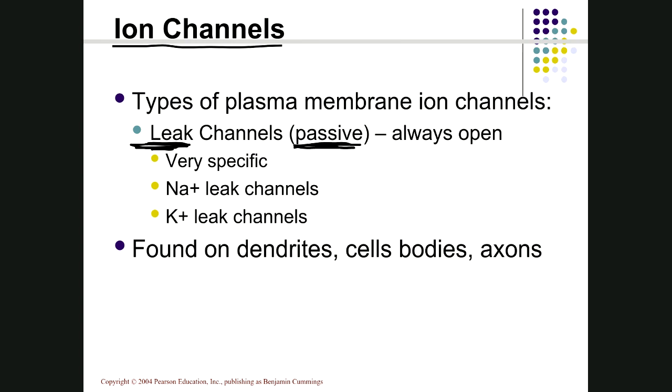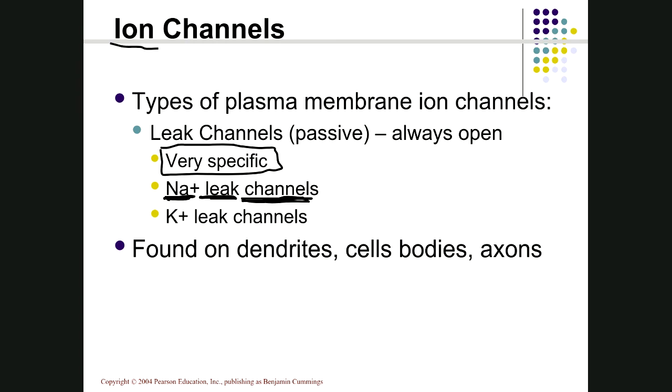Leak channels are always open, which means that stuff can always go through them. But not just anything will go through them. They're very specific. And usually only one thing will go through them. So look, we have an ion channel which allows sodium ions to leak through the membrane. And so those are called sodium leak channels.